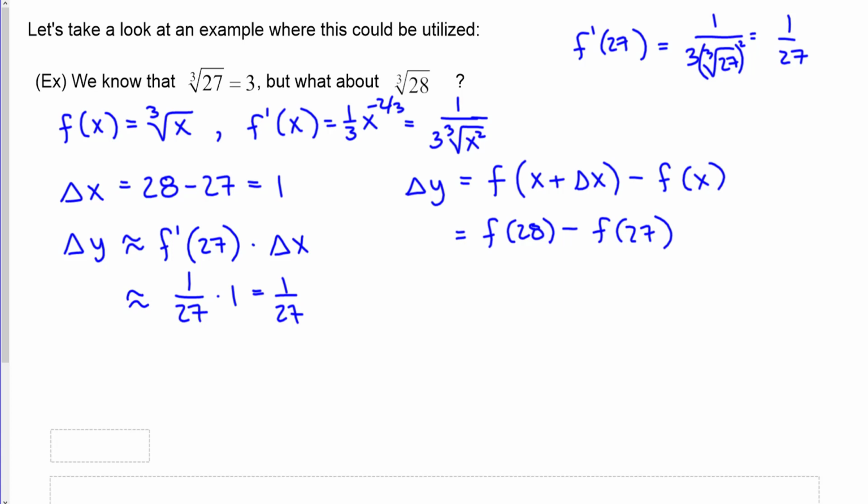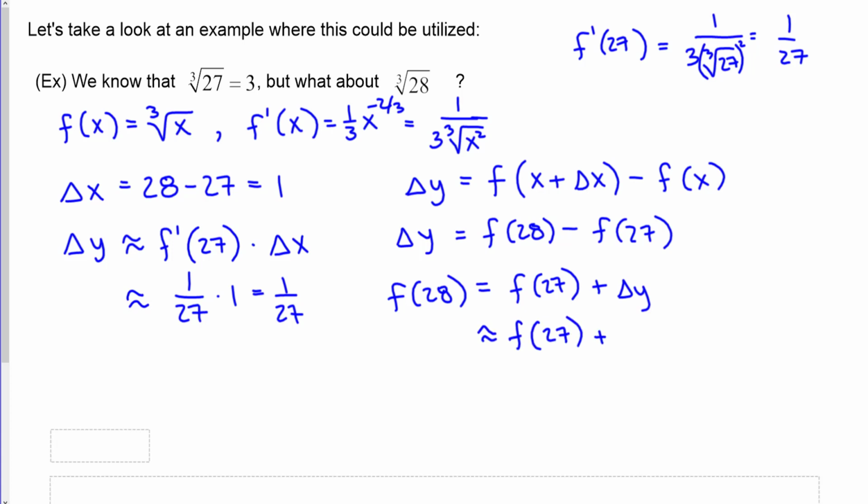And what that tells me is that, I'll set it equal to delta y, f of 28 would be equal to f of 27 plus that change in y. But it also means that this would be approximately f of 27 plus this approximate change in delta y, which I came up with as 1/27.